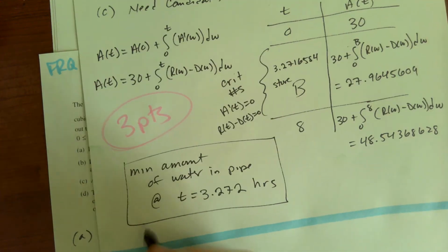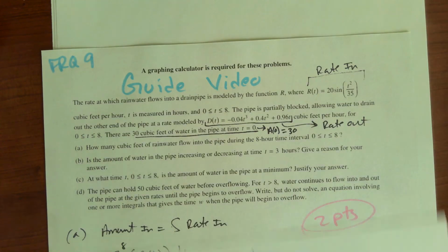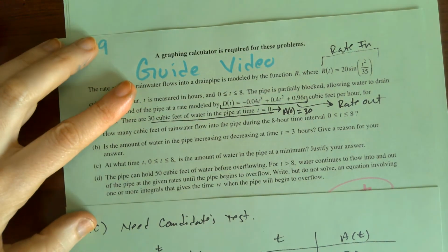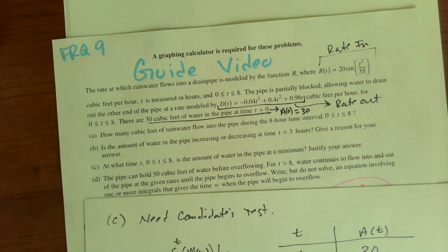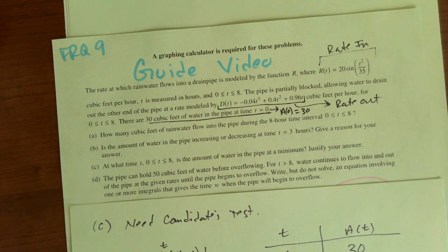All right, so for part D. Okay, so the pipe can hold 50 cubic feet of water before overflowing. For T greater than 8, water continues to flow into and out of the pipe at the given rates until the pipe begins to overflow.